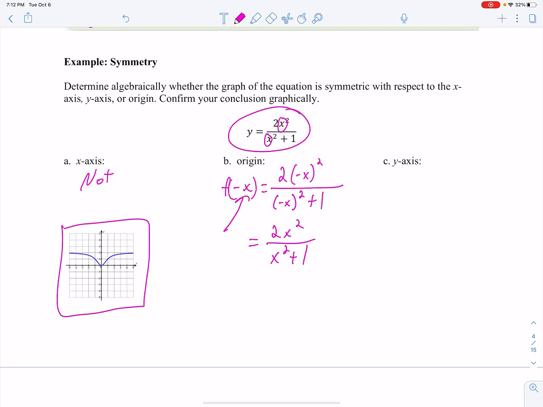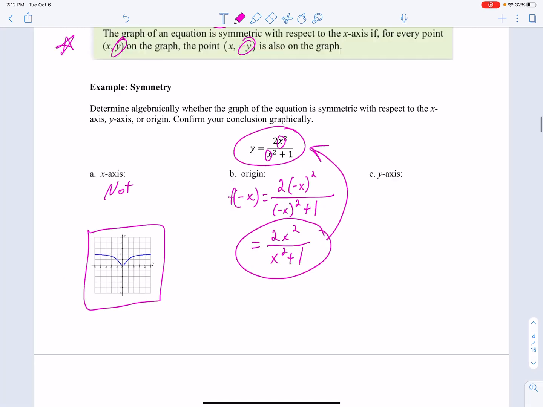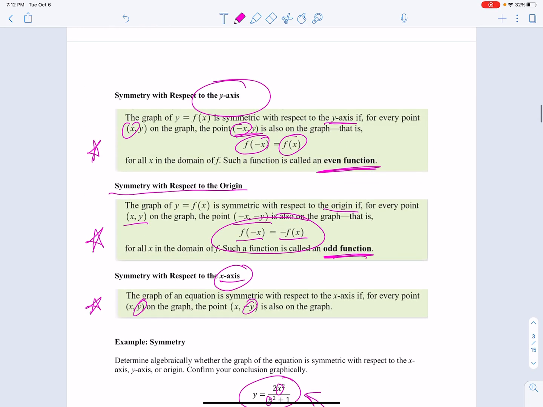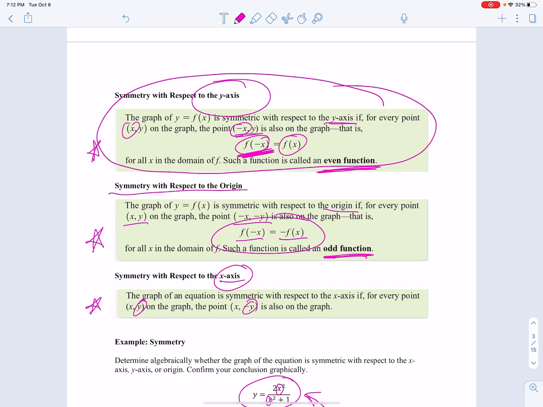We plugged a negative x in for every single x and then simplified, but we got the exact original function back. No signs changed, nothing else changed. So look up here. That is the situation where we are symmetric with respect to the y-axis. We plugged in a negative x and we got the original function back.